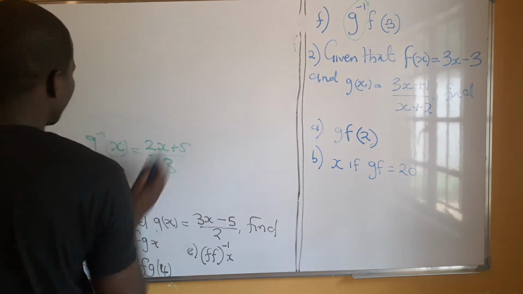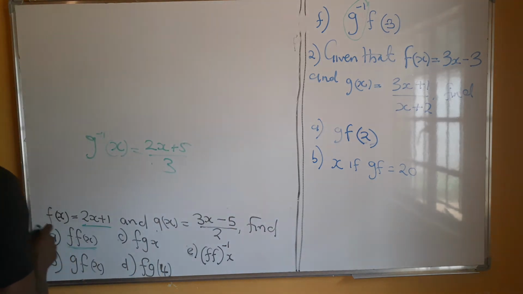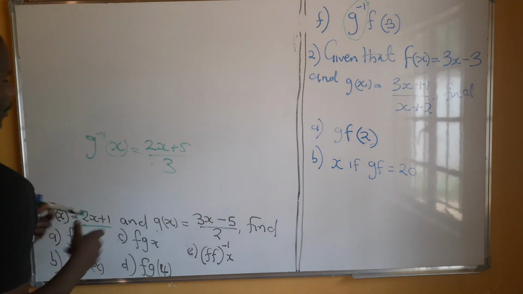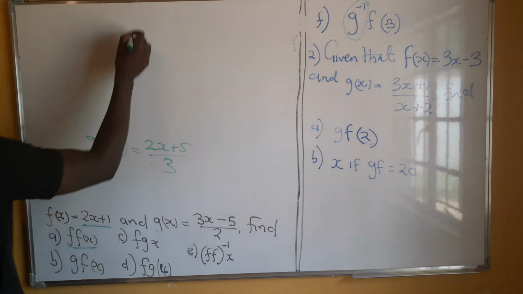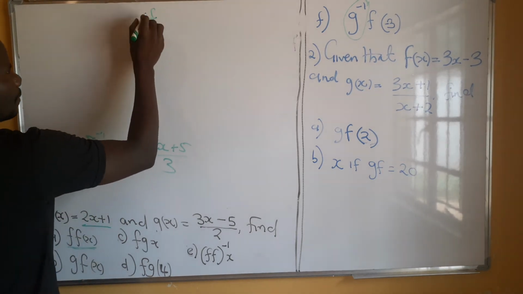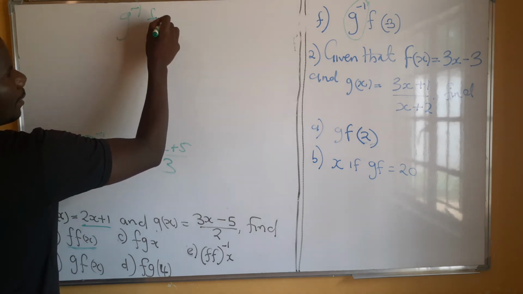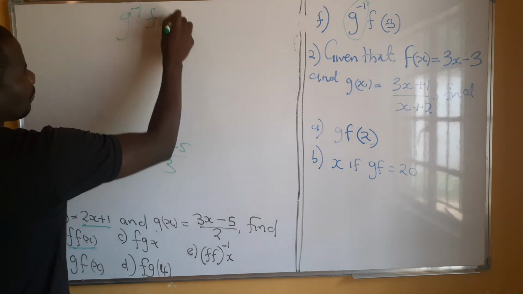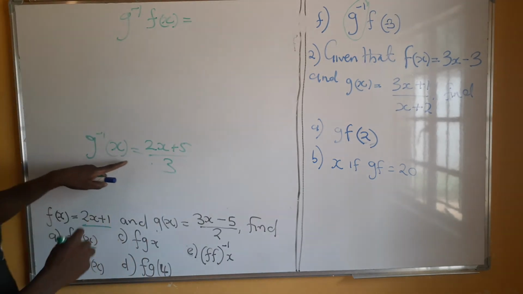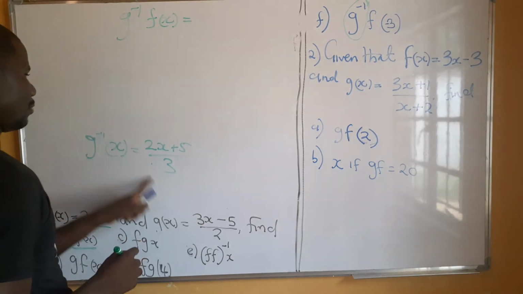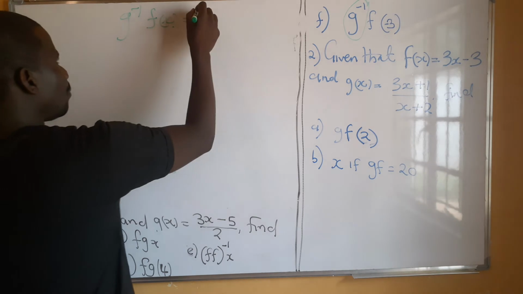F. Alright? Then I'm going to bring in the 3 later on. So here in this function, I want to find this first. So in the inverse of G, I want to bring in F.